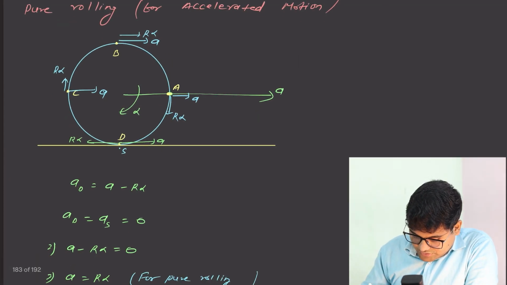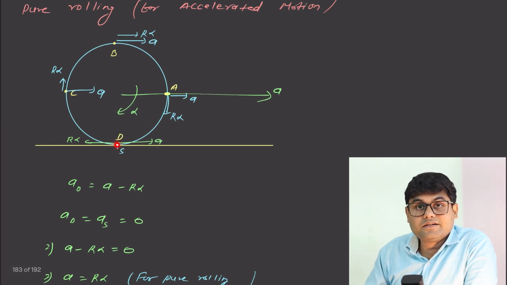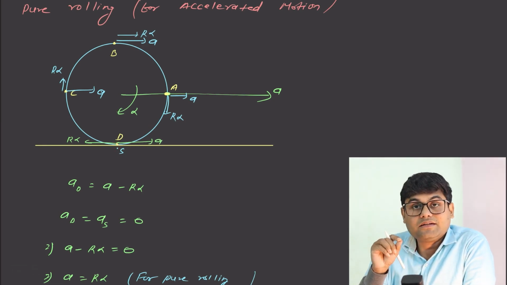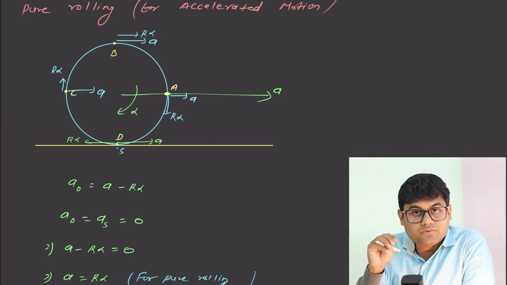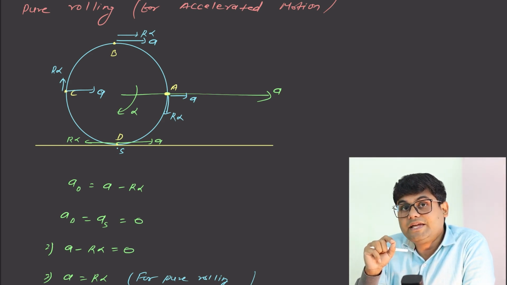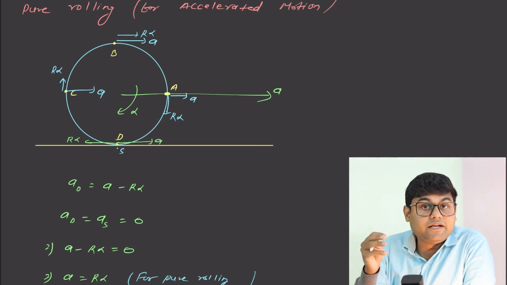The point which is in contact here, since for pure rolling that point is not slipping, or there is no relative motion between the points in contact, the friction force which is acting at that point will be static in nature.